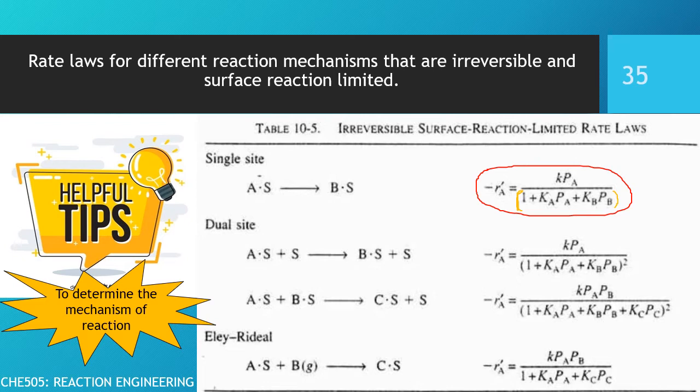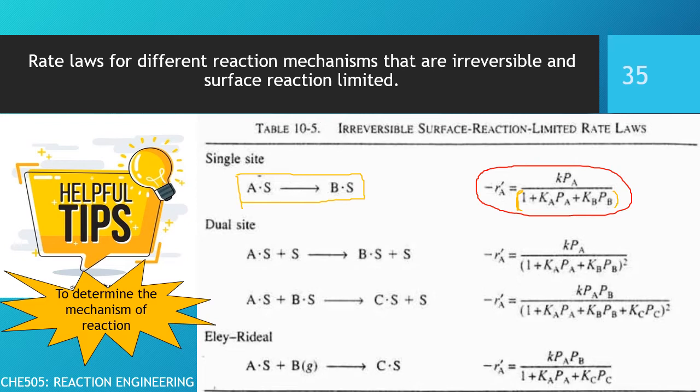So in the denominator there should be a reactant and product that attach to the active site. During the surface reaction, this is the reaction that occurs at the surface. From here, you can determine how the desorption occurs.